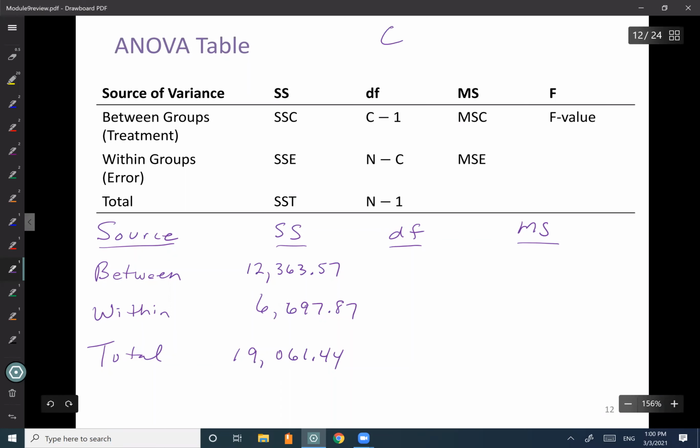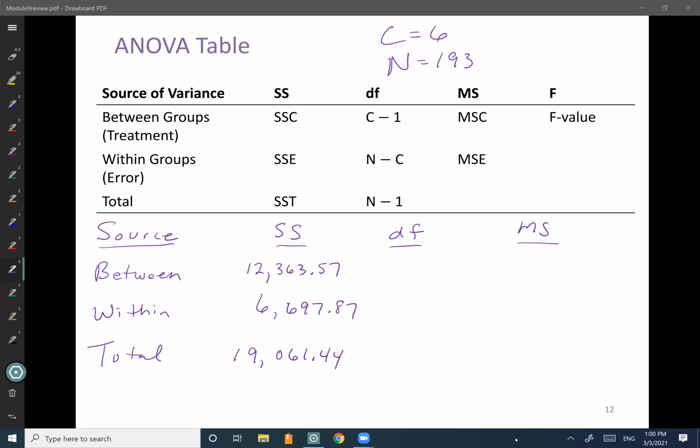So we have C equals 6 continents, N equals 193 countries. From that, we can figure out the associated degrees of freedom with each of the sum of the squares. And we need that because we can then calculate the MS column, which is the mean squares. So we have the sum of the squares, and then we have the mean squares.